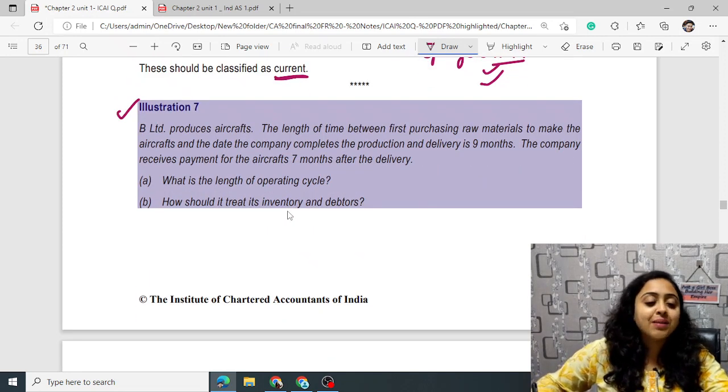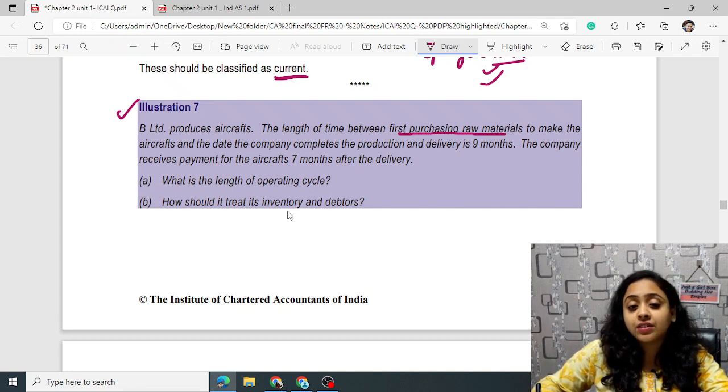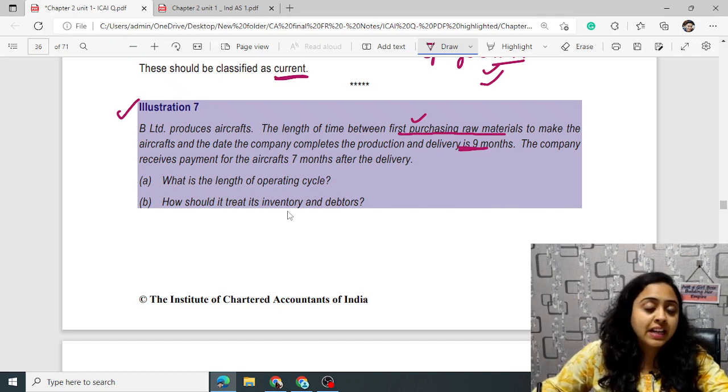illustration 7, B Limited produces aircrafts. The length of the time between first purchase of raw material to make the aircraft and the date the company completes the production and delivery is 9 months. From the first purchase to making and delivering the aircraft. The company receives payment for aircrafts in 7 months.